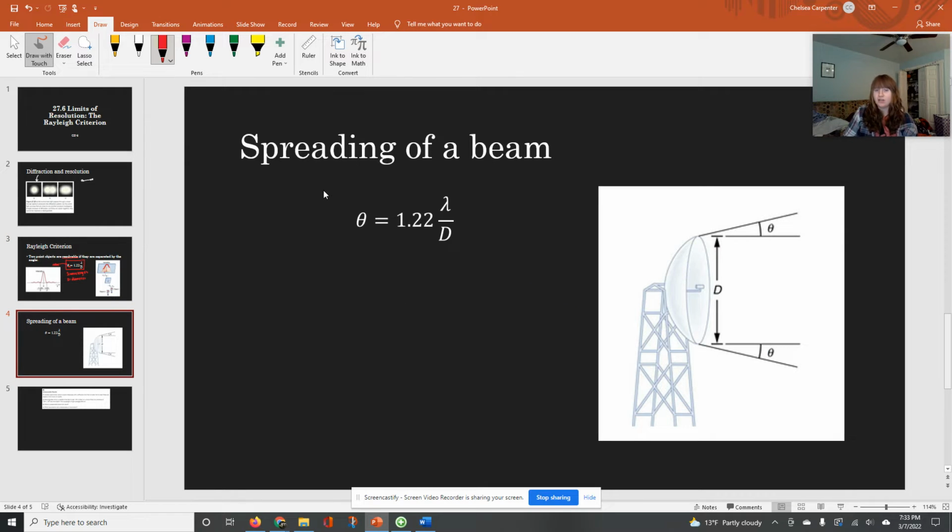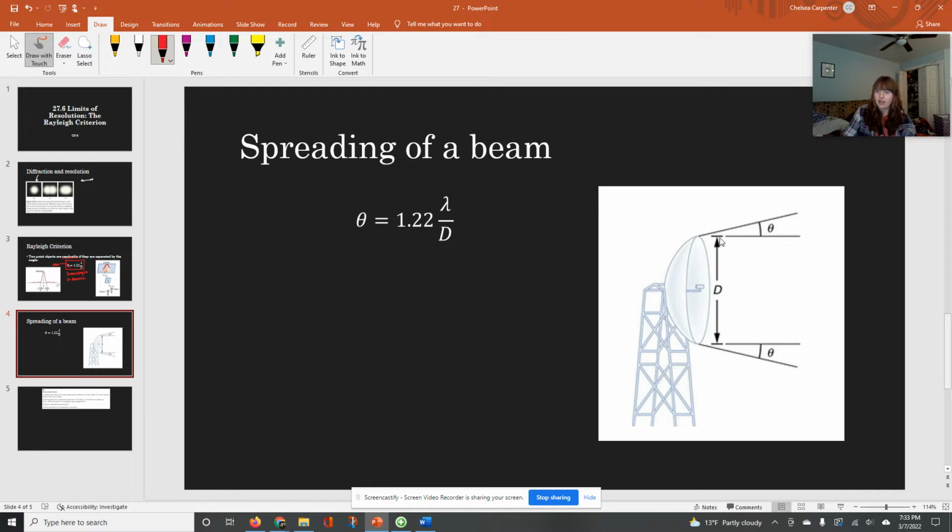Another use or application of this formula is in the spreading of a beam, so either a beam of light or of some other electromagnetic radiation. This image from the text is a transmission tower for microwaves.